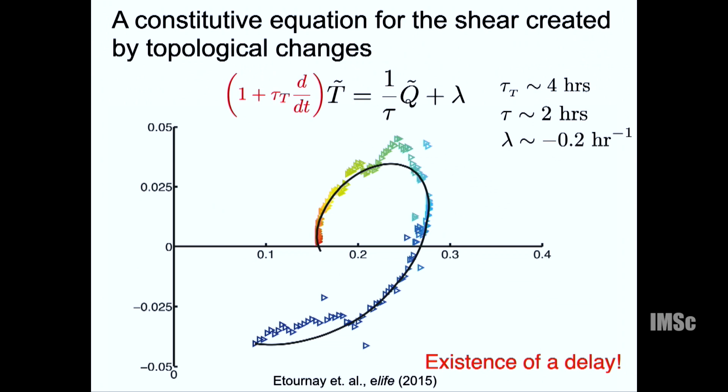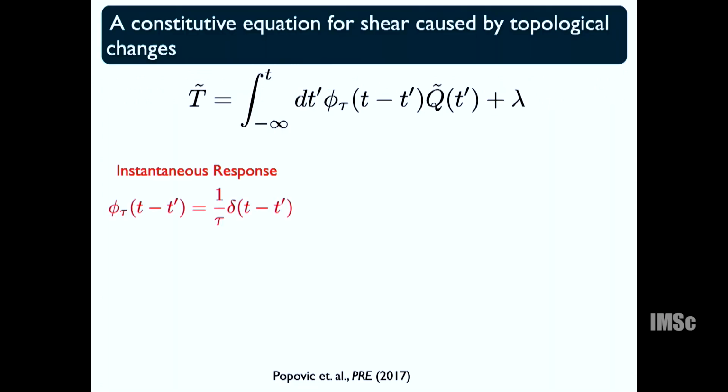And again, what is the meaning of this delay? You can think of this delay in terms of a response. Suppose you have the T1 transition depending on this Q. If you think that there is this function which introduces the delay between how the T1 responds to the cell elongation, then thinking of this equation, if this was an instantaneous response, where the T1 responds to the cell elongation instantaneously, then I should write this as a delta function.